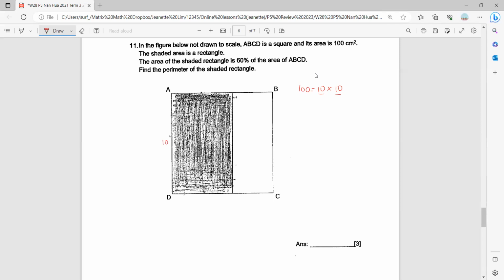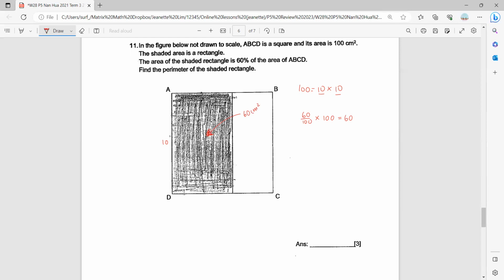Then 60% of the area is 60% of the square is shaded. So let's find 60% of the area of the whole square. So 60 over 100 times the whole square, which is 100 square cm, right? So this will give us 60 square cm. Okay, so this part here is 60 square cm.